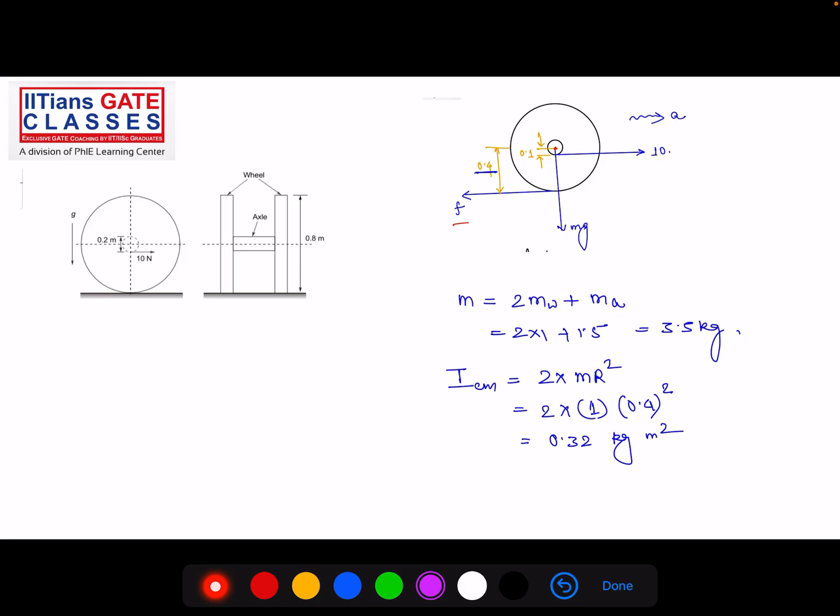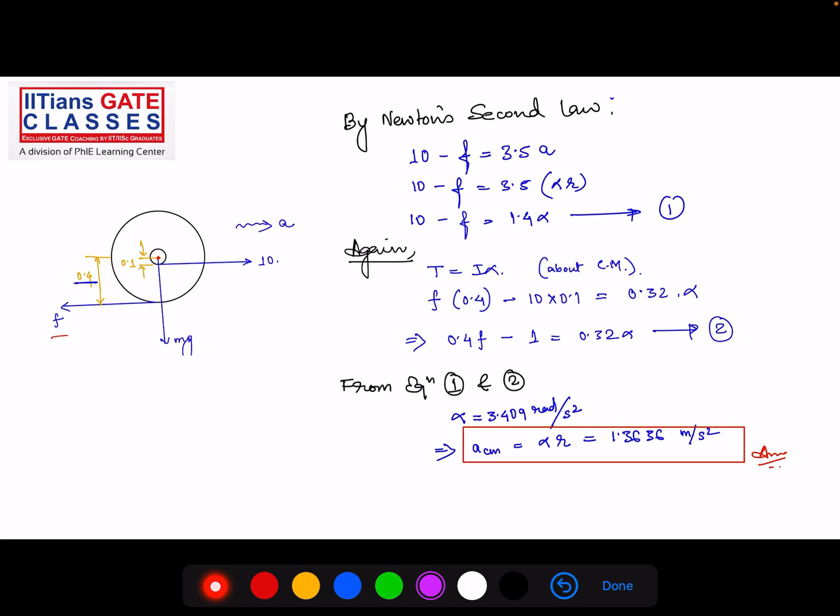Okay. Now let us move to forming the equations of motion, right? So first of all, we can apply Newton's second law of motion. Net force is equal to mass into acceleration. So what is the net force here? 10 minus F is the net force. Acceleration is A. So 10 minus F is equal to 3.5 A. The mass is 3.5, we have already calculated.